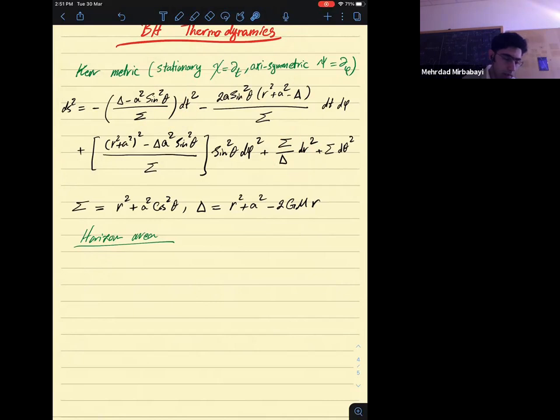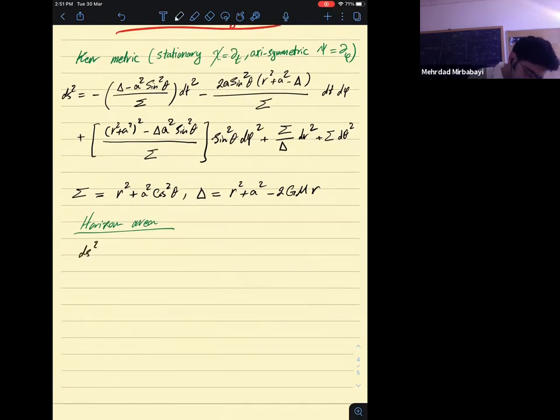So then the induced metric of that section of the horizon will be equal to, let me just simplify it also. Remember that on the horizon delta is equal to 0, at r equals r plus, which is the horizon.